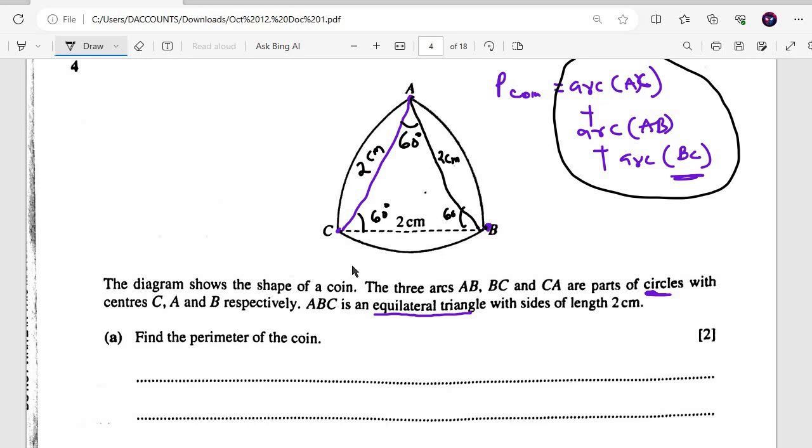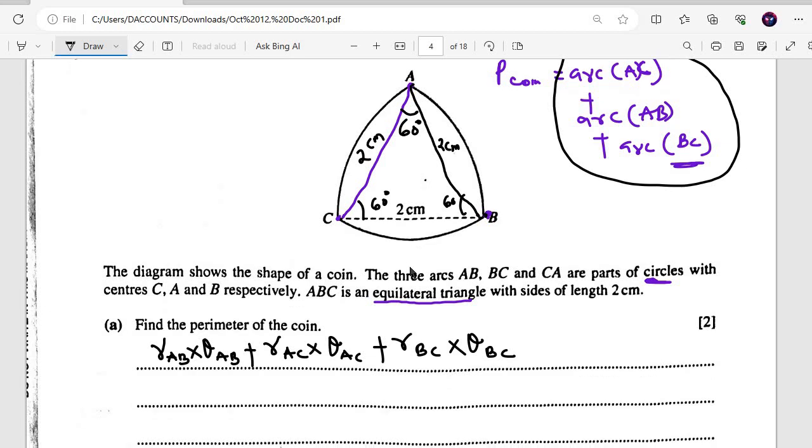So the formula for the length of an arc is radius of AB multiplied by angle of AB. For AC, radius of AC multiplied by angle of AC. And for BC, radius of BC multiplied by angle BC.